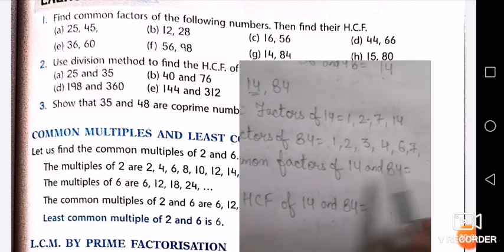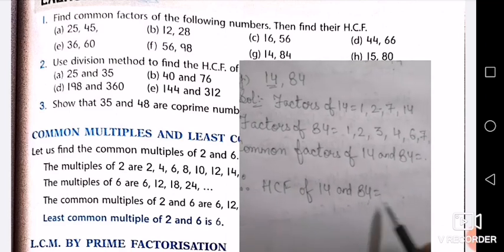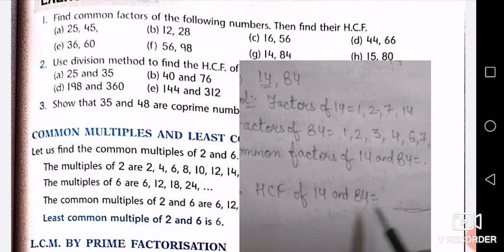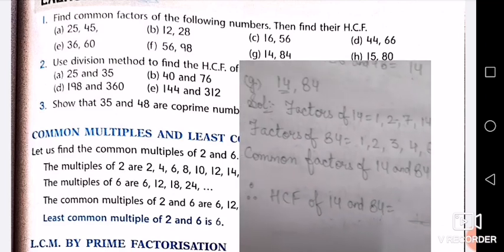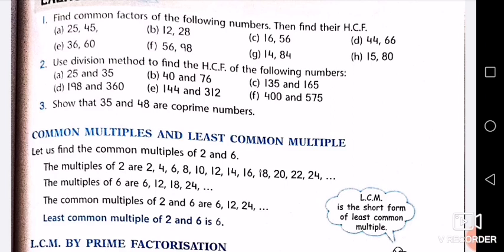Then find the common factors among them. Therefore, HCF, meaning the highest common factor of those numbers. Similarly you will do the H part of the given question also.